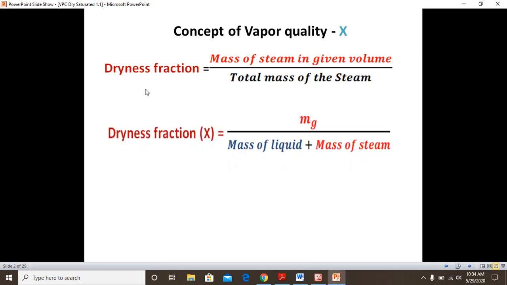Let me designate the mass of the steam with mg, and the mass of the water in the liquid phase with mw. This is the total mass, and the formula is: x is equal to mg divided by mw plus mg.